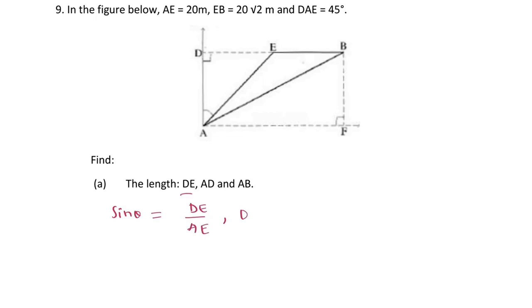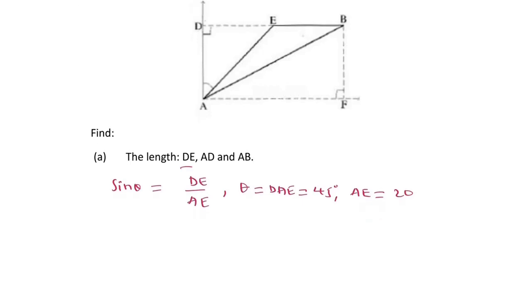We've been given theta equals angle DAE, which equals 45 degrees, and AE equals 20 meters. Then let us substitute the values into our formula. Then our equation is going to be sine 45 degrees equals DE over 20.